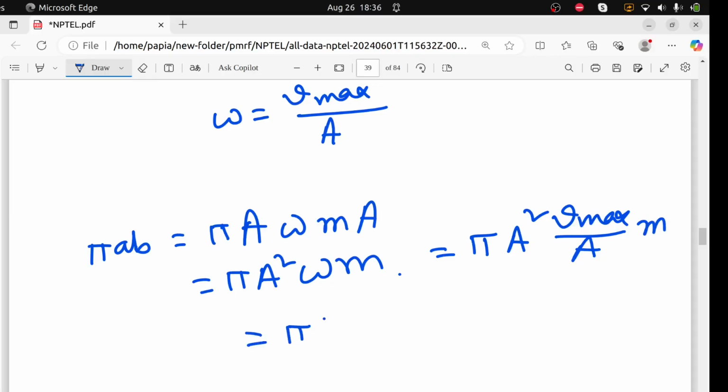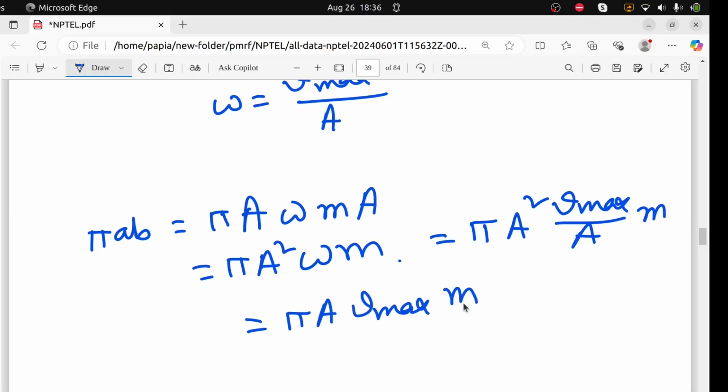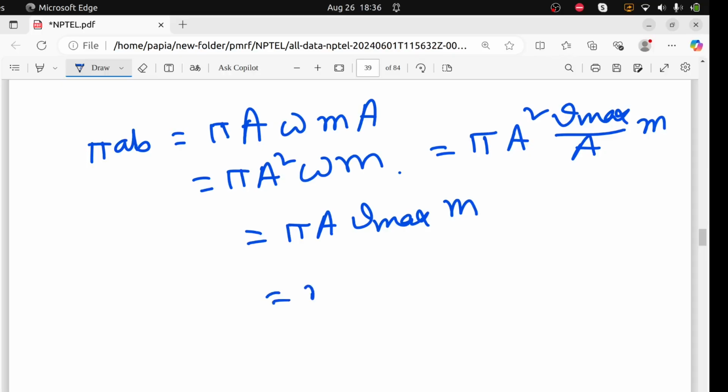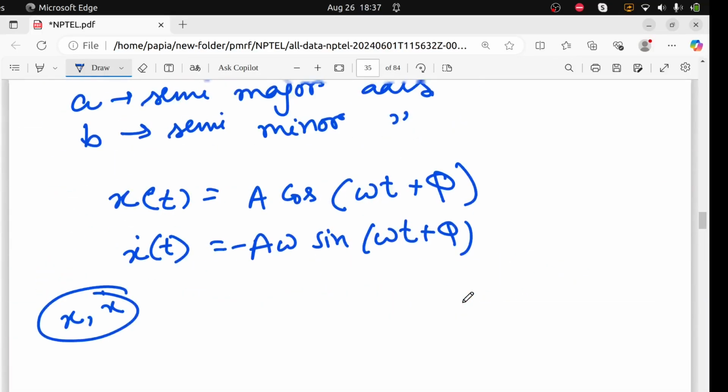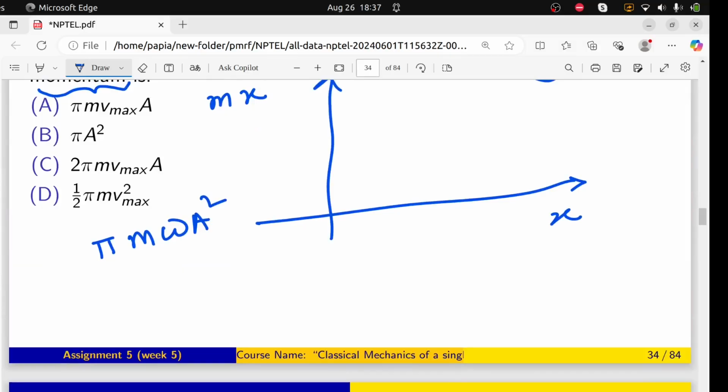So it is pi A Vmax m. So the answer will be m pi A Vmax. Now we can go for the option. We are getting pi m Vmax A. So this is correct as option number 2.